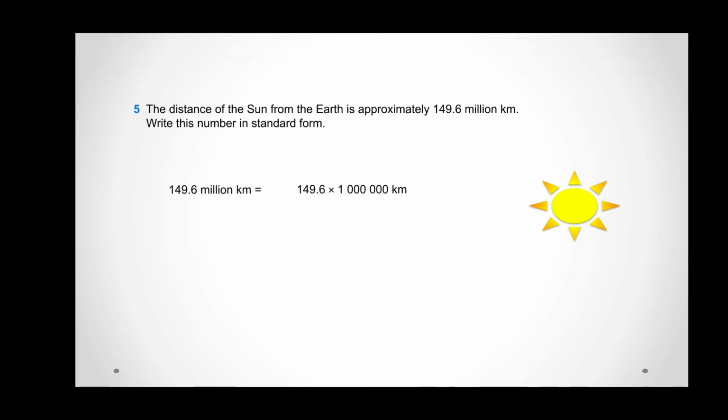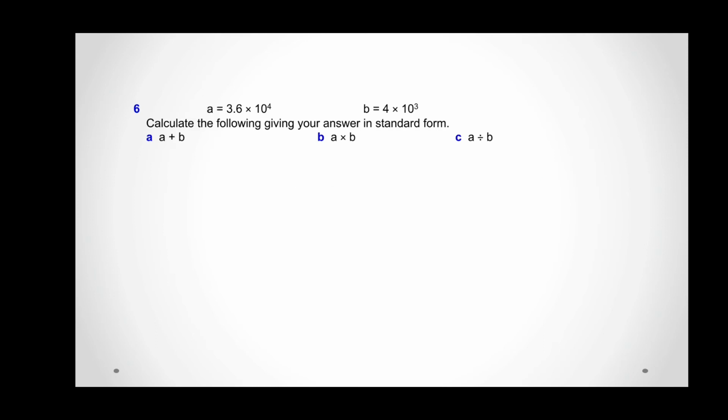Then you should move the decimal point of 149.6 2 places back, then 6 plus 2 is 8, so then 1.496 into 10 to the power 8 kilometers. So as a standard form you can write like this, right?